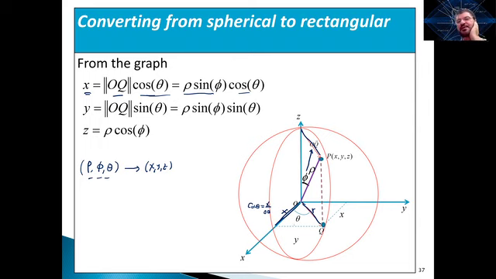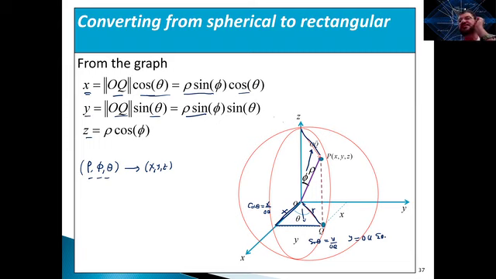How about y? This is y. Y is opposite to theta, so we use sine theta. We know that sine theta is equal to y over OQ. So that means y is equal to OQ sine theta. But again, OQ is rho sine phi. So here it is: rho sine phi sine theta is your y.